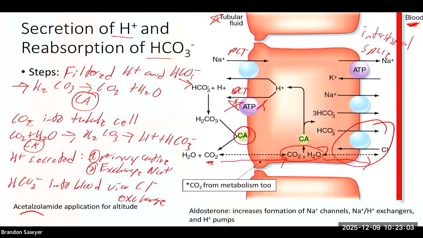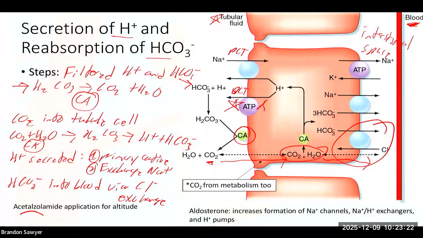So it kicks off that process early instead of waiting for the hypoxemia elicited by the altitude to do that. It kind of forces that process early, which I just thought was interesting. Don't be too worried about that if you didn't quite follow all that. Just kind of extra information.